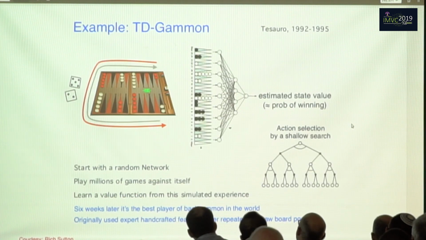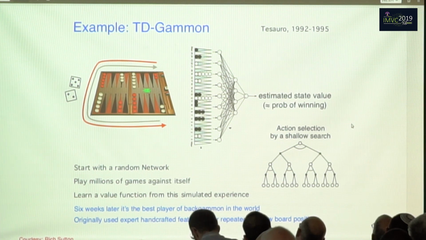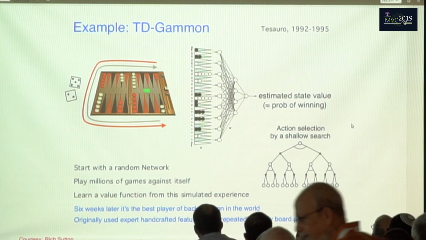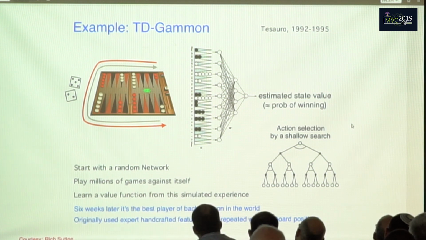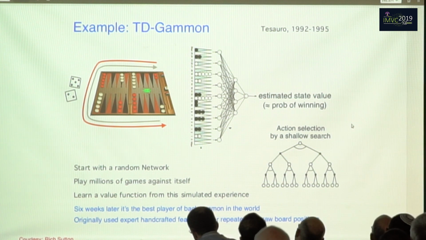Let's see an example. Perhaps the first famous success of reinforcement learning is the TD-Gammon program. This is an RL-based backgammon playing program. It has a neural network, which you can see in the middle of the slide, that gets as input the board state and outputs the probability of a win. In this case, the value.